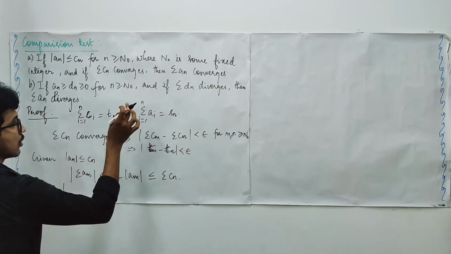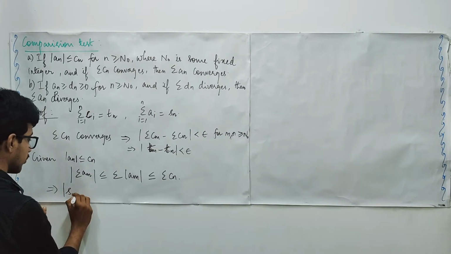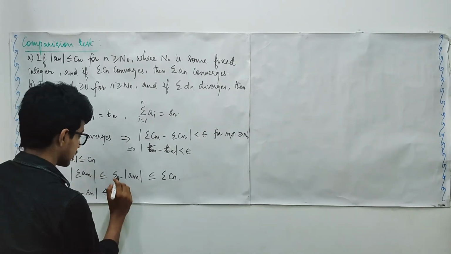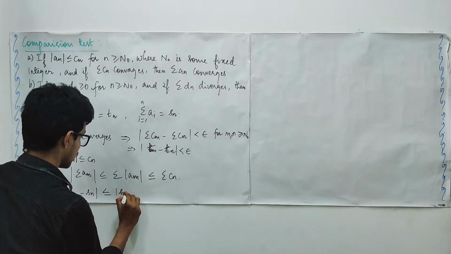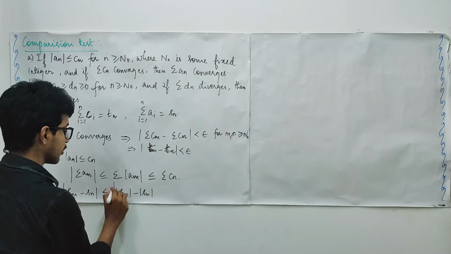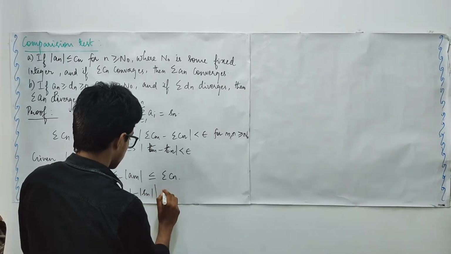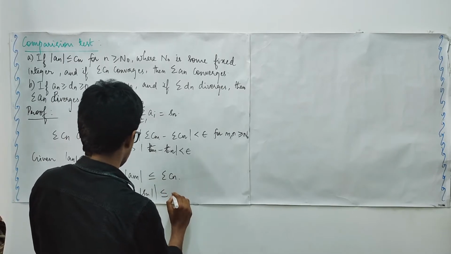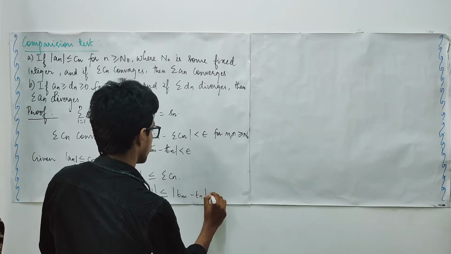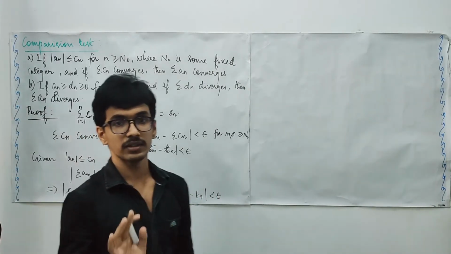Now putting together, I am just going to denote this with the help of S and T. So the absolute value of S_m minus S_n will be smaller than or equal to the absolute value of T_m minus T_n, which is less than epsilon, and that we know for sure by the Cauchy criterion of convergence of series.